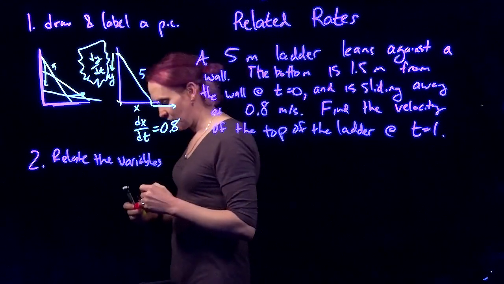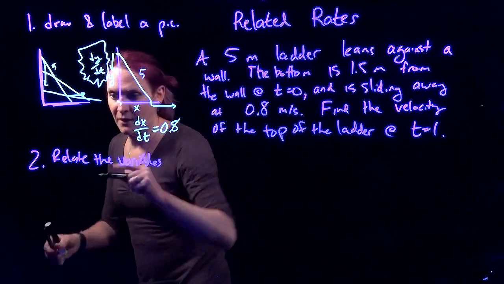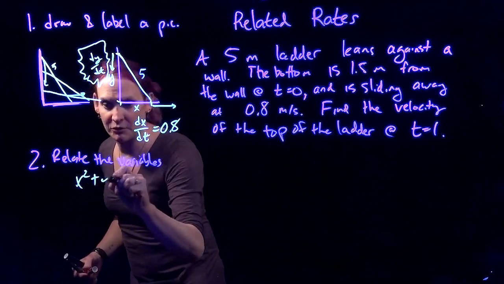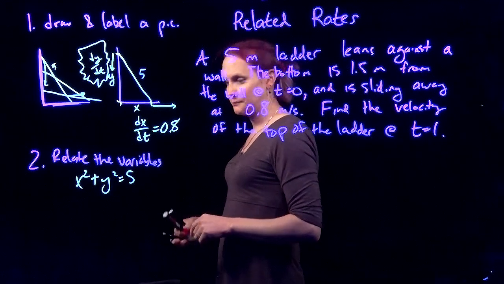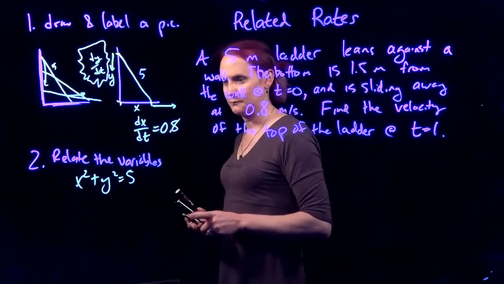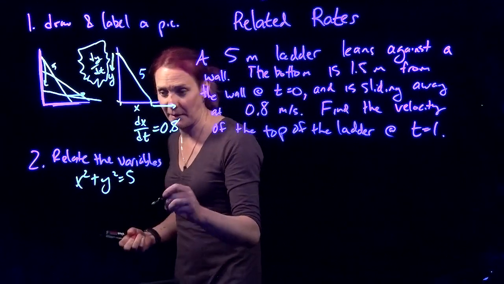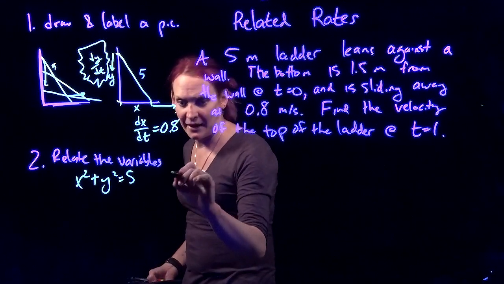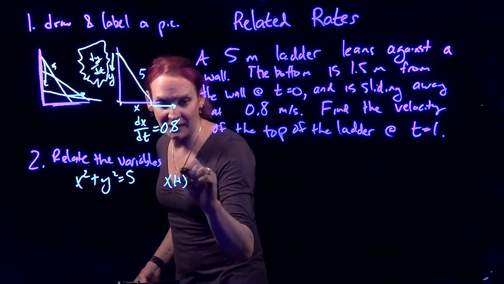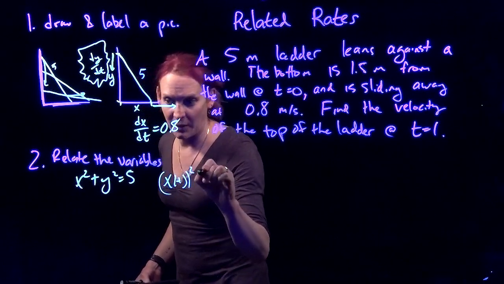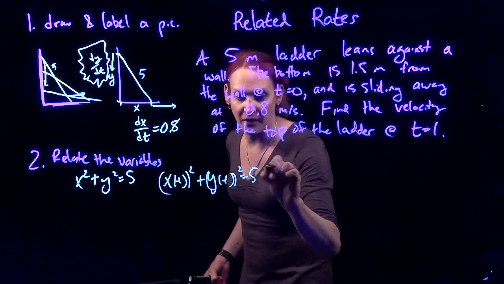So I have a triangle, and so I know that x squared plus y squared equals 5 squared. But I know that this is also changing with respect to time. So I also know that x of t squared plus y of t squared equals 5 squared.